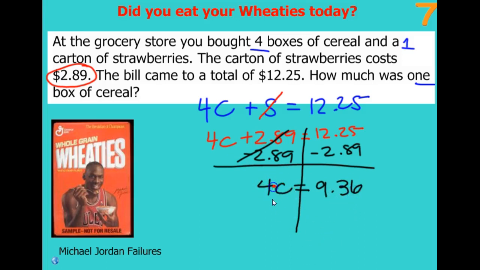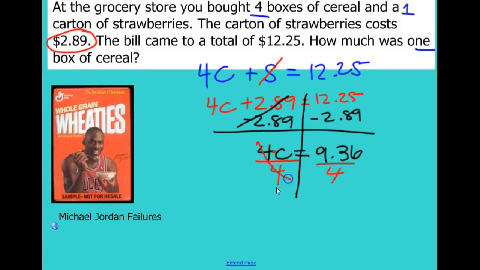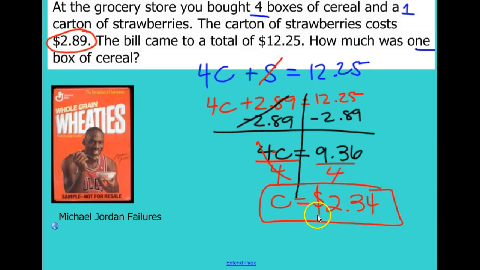And then last, the opposite of multiply is divide. So that gives us just c, one box of cereal. And I'm dividing by 4. In my calculator, I get, since this is money, $2.34, which is about an average box of cereal.